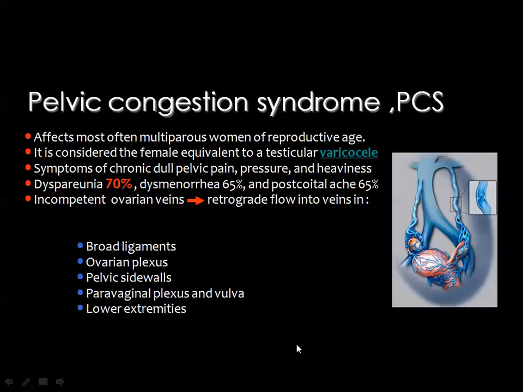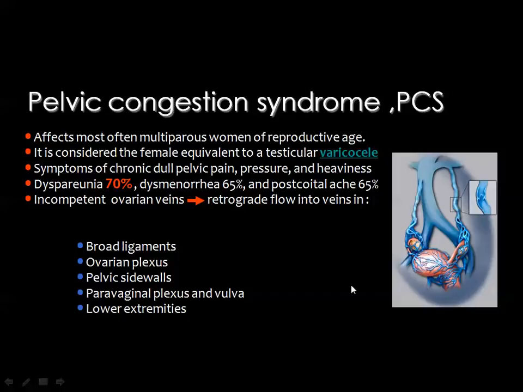Then we come to the pelvic congestion syndrome, which means that there are abnormally dilated veins in the pelvis, and sometimes they refer to this syndrome as the equivalent to the testicular varicocele in males. The symptoms are usually in the form of chronic, dull pelvic pain, pressure and heaviness, dyspareunia, dysmenorrhea, and postcoital ache.